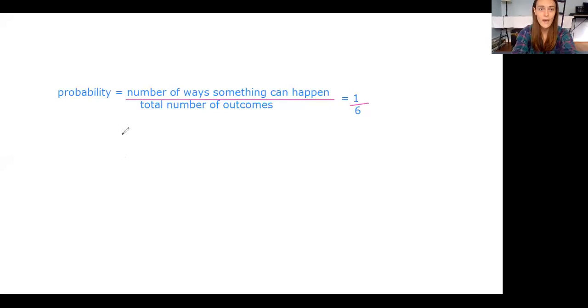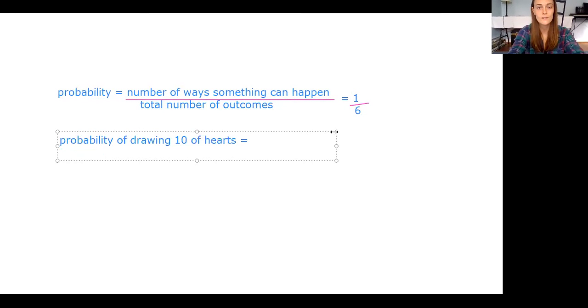Now in a deck, half the cards are red and half the cards are black, which means that the probability of me, share my screen again, the probability of drawing the 10 of hearts was equal to, and we said that there's only one 10 of hearts in a deck of 52 cards, so 1 out of 52 cards.